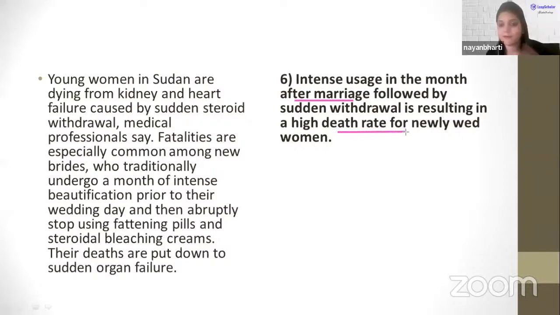So they are talking about after marriage and saying there is a death rate after that, right? Can you read where you find the information? In the first line: young women in Sudan are dying from kidney and heart failure caused by sudden steroid withdrawal. Okay. So what about after marriage, or anything regarding the marriage part?